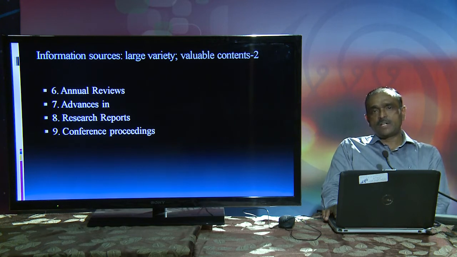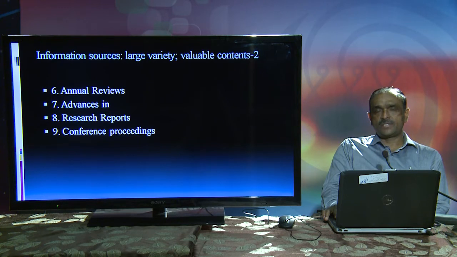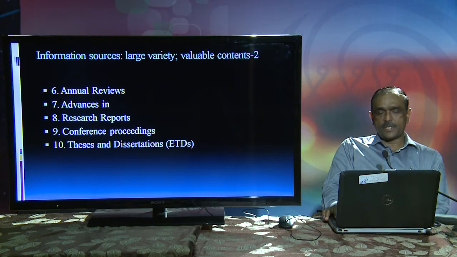Conference proceedings are actually volumes that contain articles written by researchers on current topics, and they do bring to you current research. Particularly, the conferences organized by international agencies and associations do provide quality content on the current research topic.